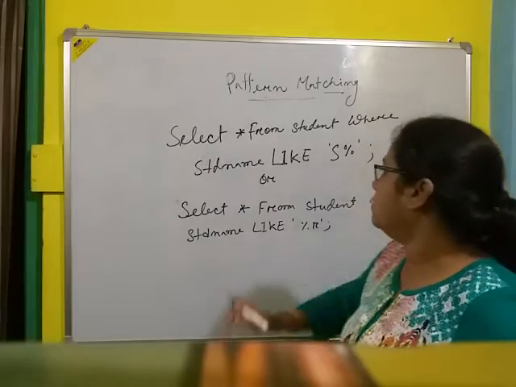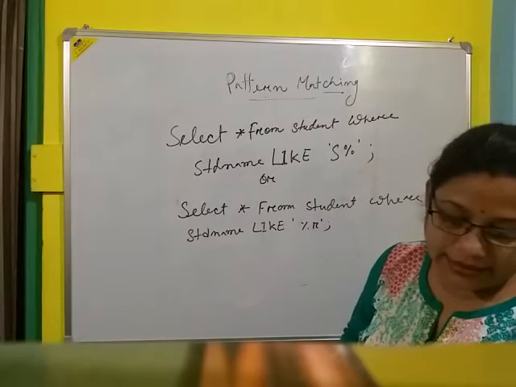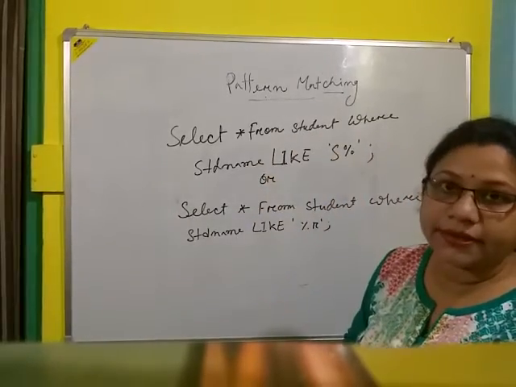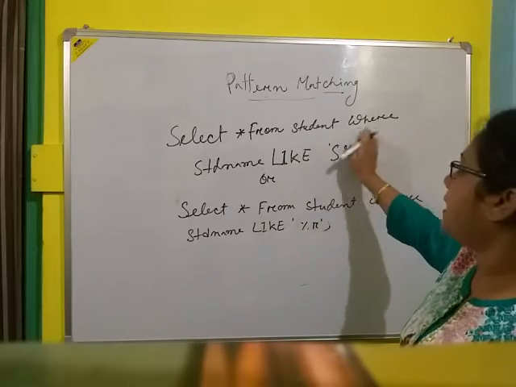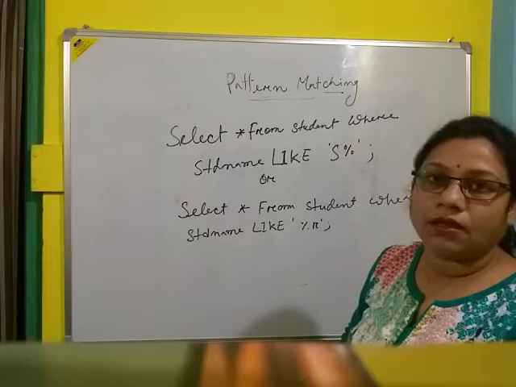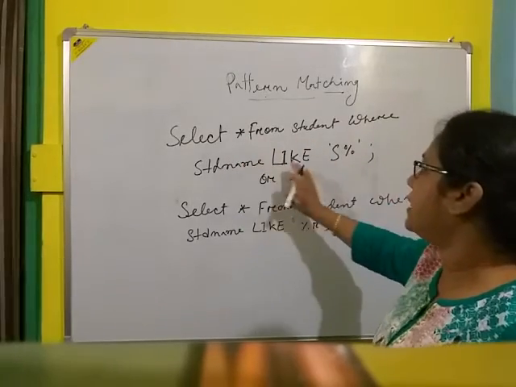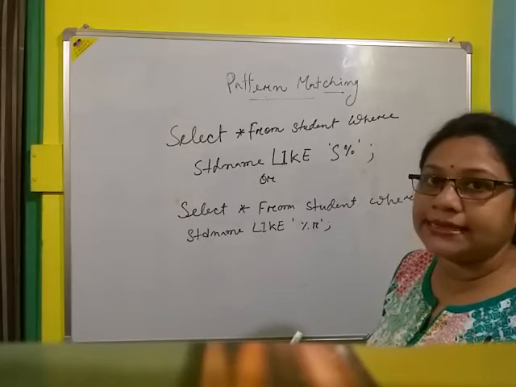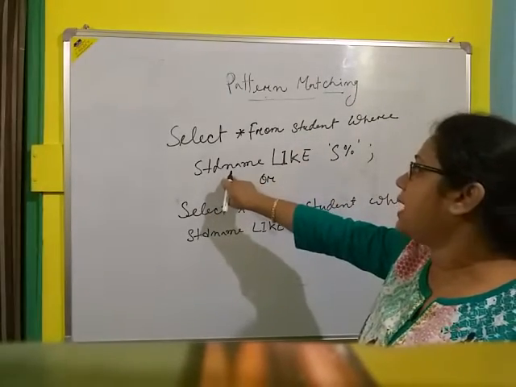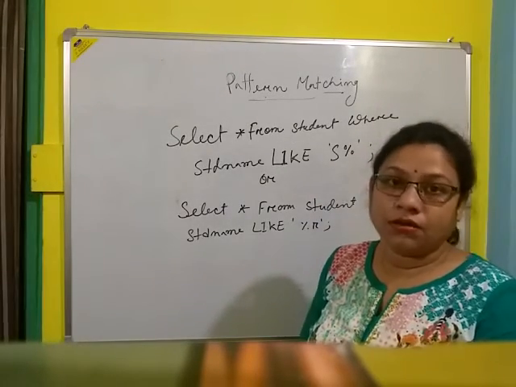If you use the percentage character after the character, it will display all the rows from the table student where the student name starts with the character S. That means when I write SELECT * FROM student WHERE student name LIKE 'S%', it will display all the rows where the student name starts with S. Look at figure 12.28 in your book.